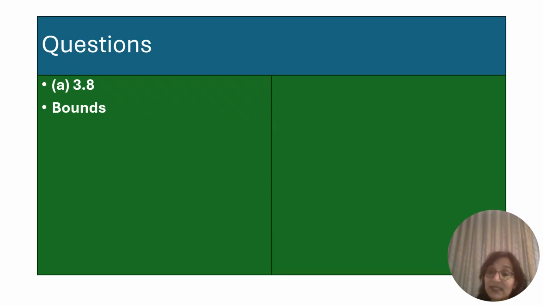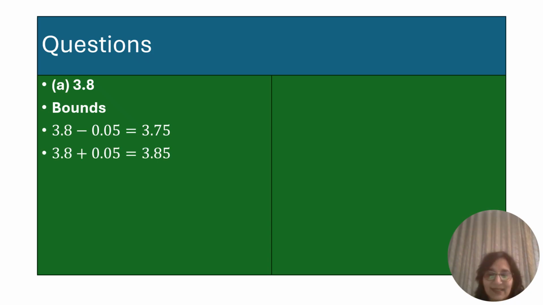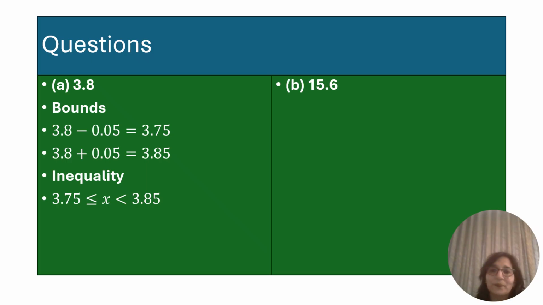So if it is one decimal place, take 3.8. 3.8 minus 0.05 will give you 3.75. 3.8 plus 0.05 will give you 3.85. And I'm sure you know the next step is to write the inequality: 3.75 less than or equal to x less than 3.85.